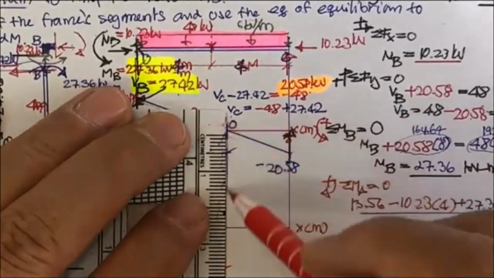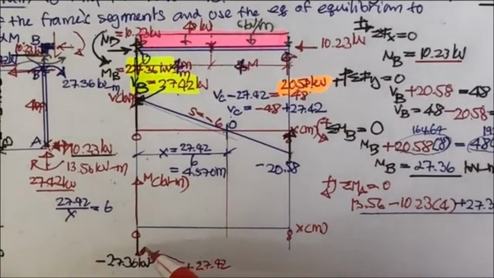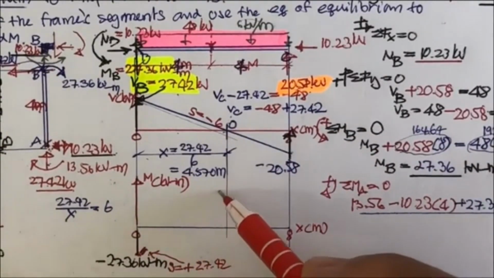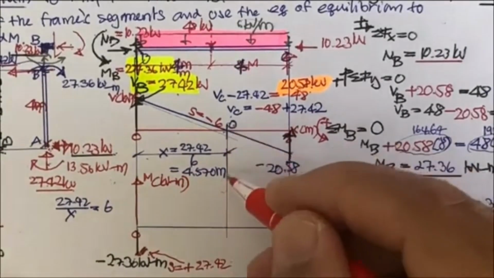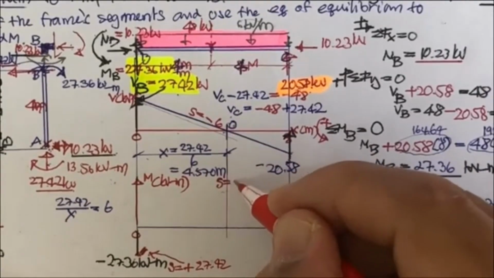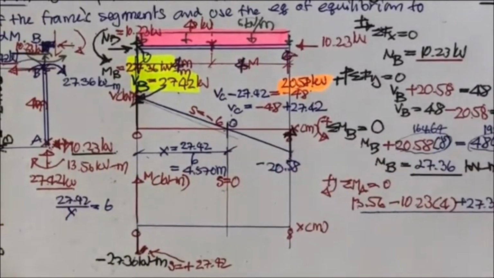And then the slope will decrease up until here. The shear is 0. So the slope here is going to be 0. Slope here is going to be 0.